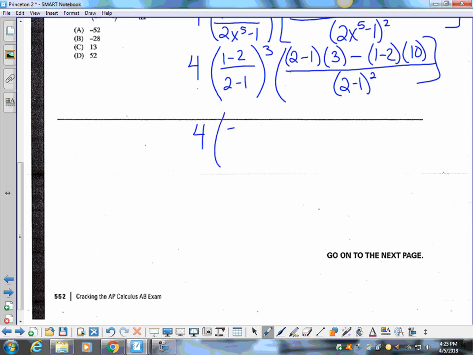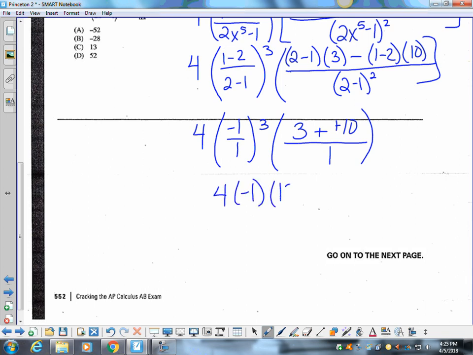This would be negative 1 over 1 cubed. 2 minus 1 is 1. 1 times 3 is 3. 1 minus 2 is negative 1. So negative 10. So that's going to be a plus. And that's going to be a 1. That's going to be 4 times negative 1 times 13, which is a negative 52.